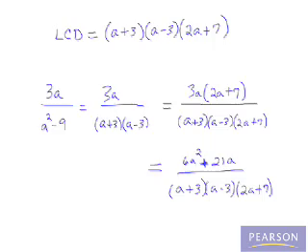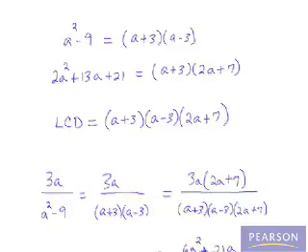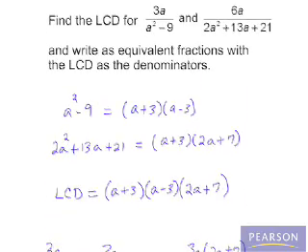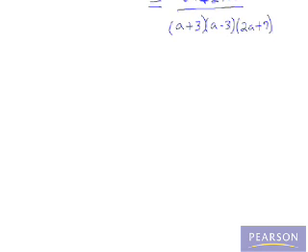Let's do the same thing for the second fraction. The second fraction we were given is 6a over 2a squared plus 13a plus 21.